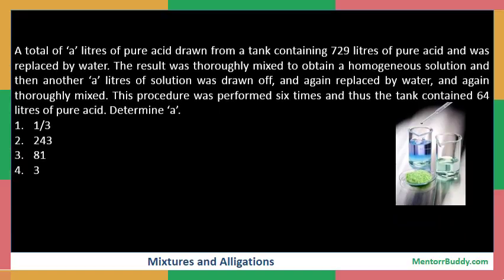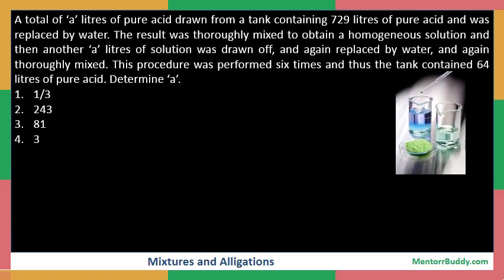Now let's understand what is happening here. In a tank we have 729 liters of pure acid in the beginning, out of which A liters was taken out, and the amount which was taken out was replaced with water.